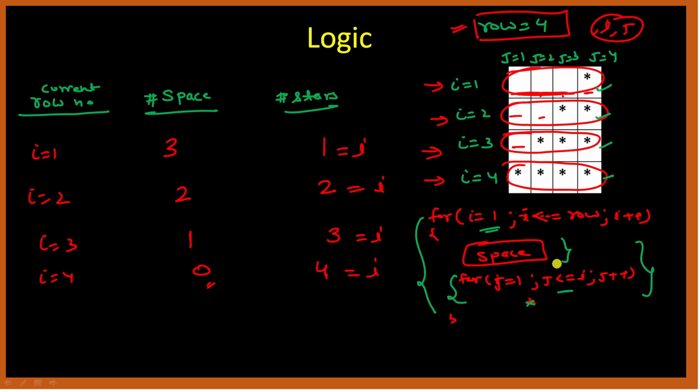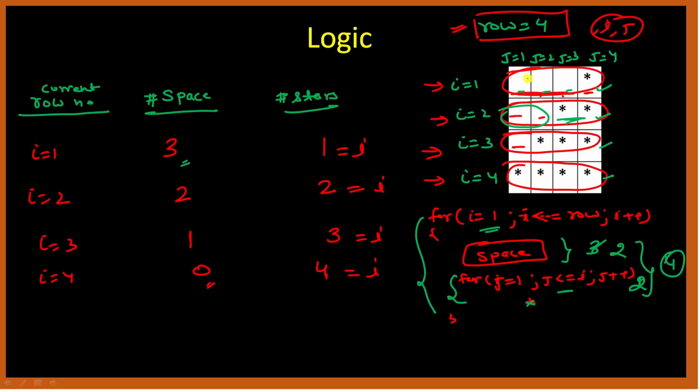Before that, this space loop should be able to print the spaces. For I equal to 1, how many spaces should be printed? 3 times, and then 1 time the star loop, so 4. For I equal to 2, the space loop should run 2 times, and then the star loop 2 times. Again 2 and 2, 4.